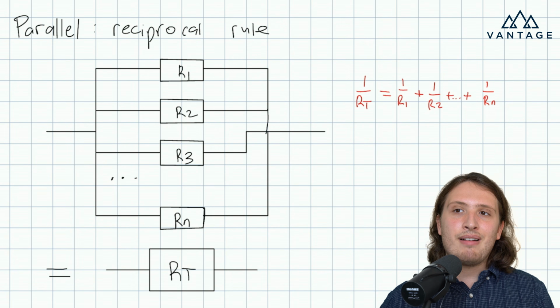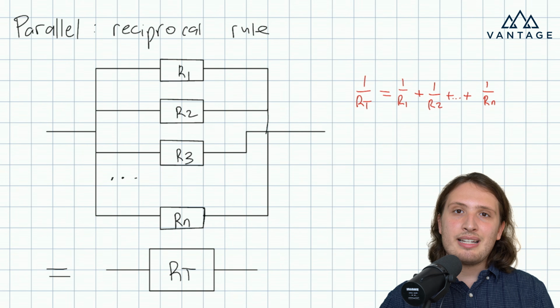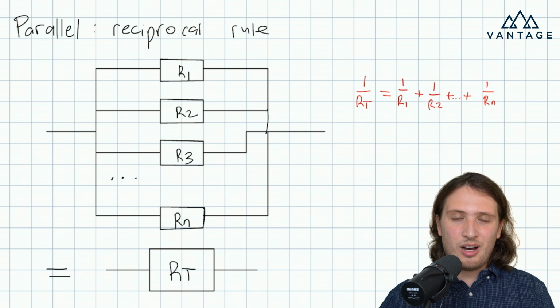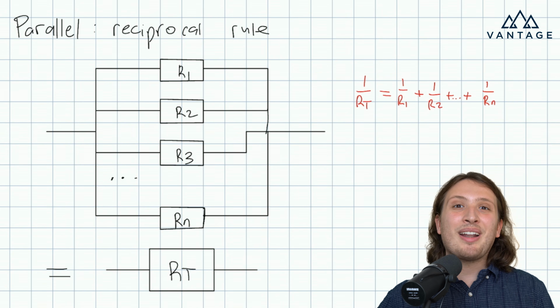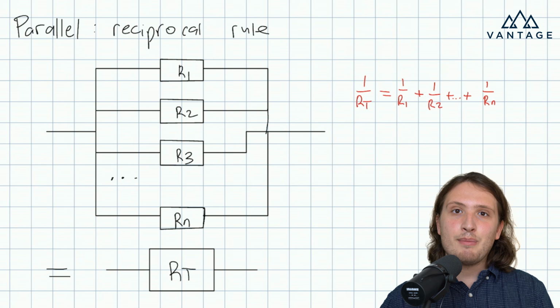And it's similar in parallel, but everything gets reciprocated. So if I have n resistors connected up in parallel, then that's equivalent to one component with resistance RT, for R total, where 1 over RT is 1 over R1 plus 1 over R2 through to plus 1 over Rn. So it's still a simple addition rule, but everything becomes 1 over.